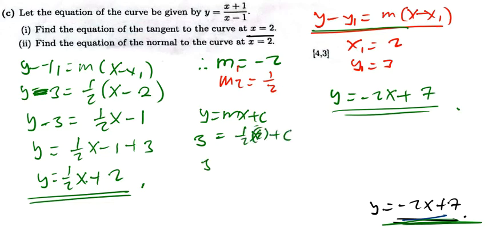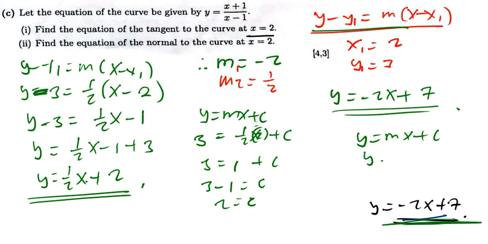So it will be 3 equals 1 plus c. Shift that one to the other side, it will be 2. So meaning you have this, plug in the values, the gradient is half, then c is 2. It's basically the same as that. So you choose which one to go with, as simple as that.